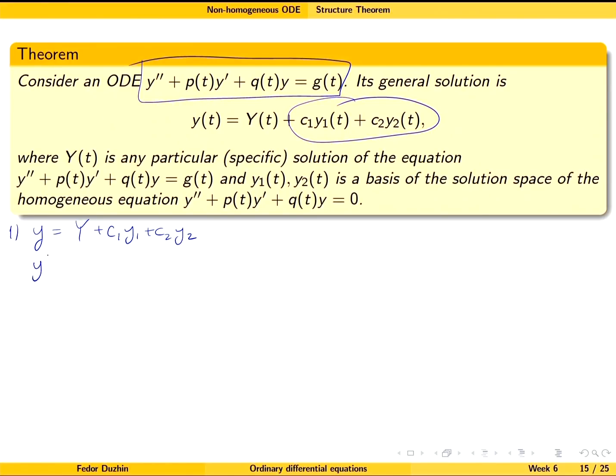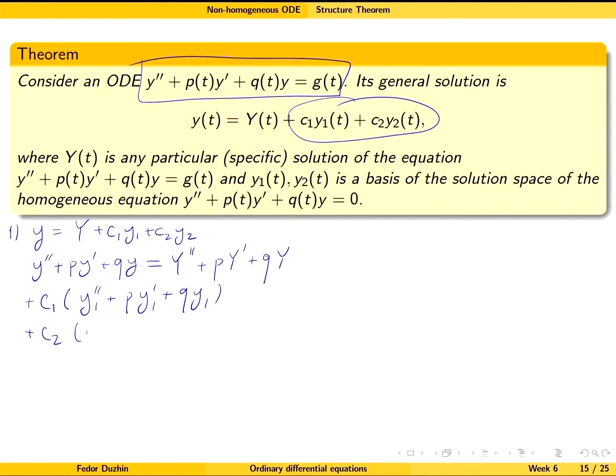So then y double prime plus p y prime plus q y equals y capital double prime plus p y capital prime plus q y capital, plus c1 times (y1 double prime plus p y1 prime plus q y1), plus c2 times (y2 double prime plus p y2 prime plus q y2).